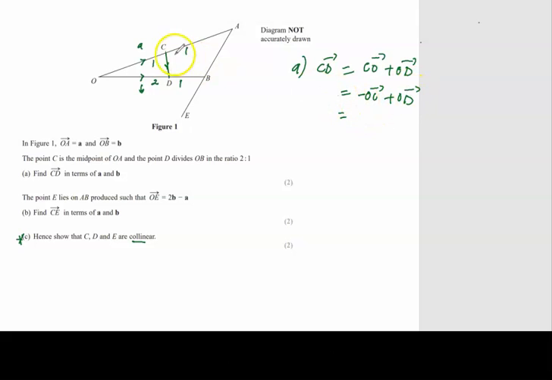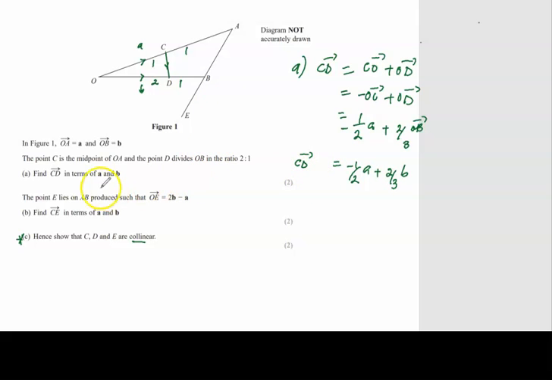And OC, we know, is a half of A, so this is negative a half of A, plus OD. OD is going to be 2 over 3 of OB. So this one is equal to negative a half of A plus 2 over 3 of OB, which is equal to B. That's the vector CD.